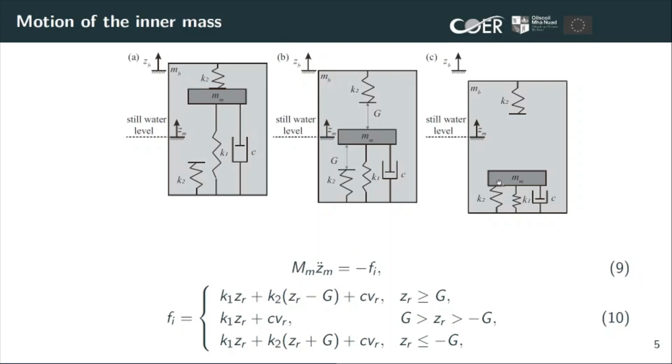When it is lower than the lower gap, the lower impact spring is active. When the relative displacement is within these two gaps, only the supporting spring and the PTO damper are active.